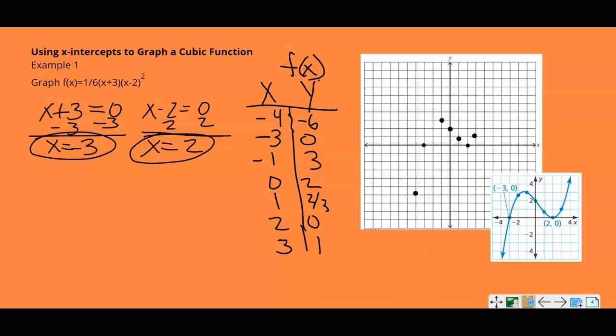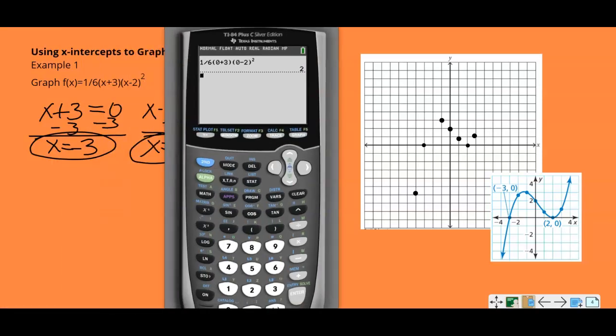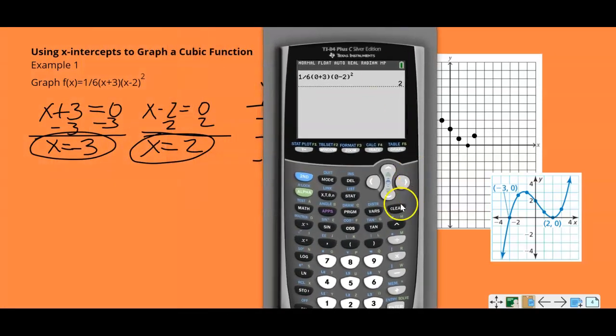I know I'm taking a lot of time on this example, but I want to make sure that you have everything you need to graph this. So if you have a graphing calculator and you want to use your graphing calculator instead of using your zeros and plotting points in between, you can graph this even in factored form.